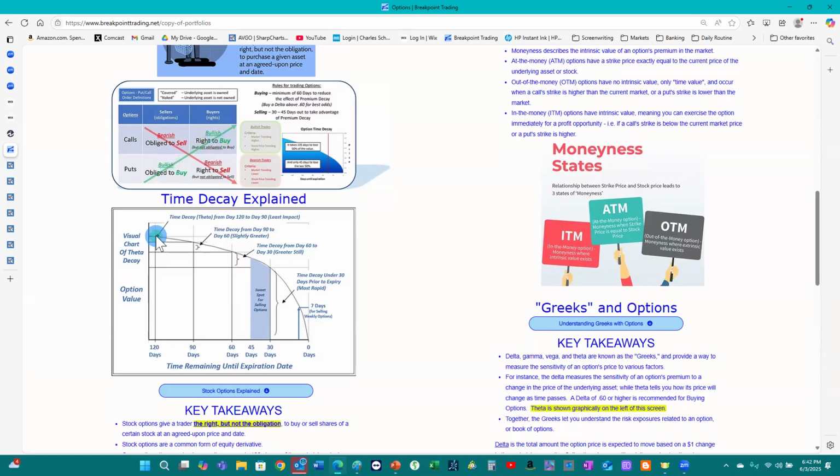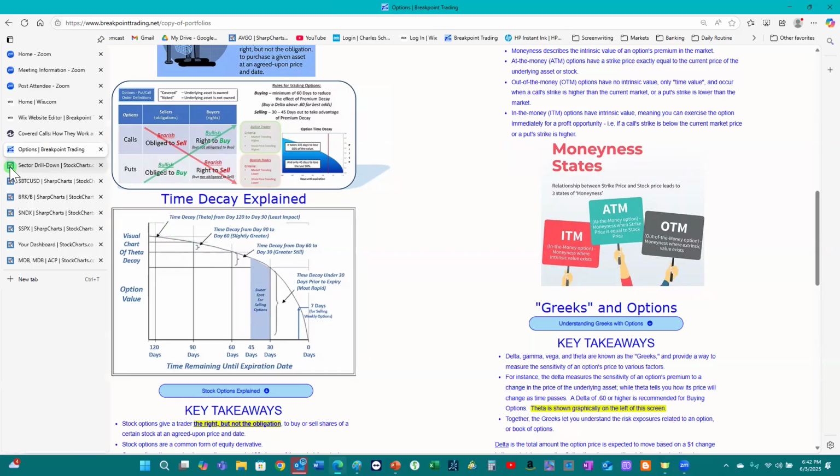You want to be back here on this end of the curve, 90 to 120 days or more, because the time decay is very small in the beginning until you get to about 30 days and then it accelerates. So as a buyer, you want to have more time. As a seller, you want to have less time. In this case, we would be a seller of a call, so we want to have a short period.